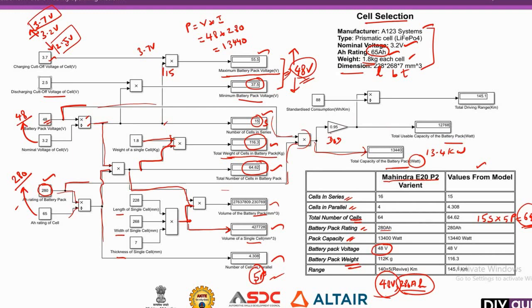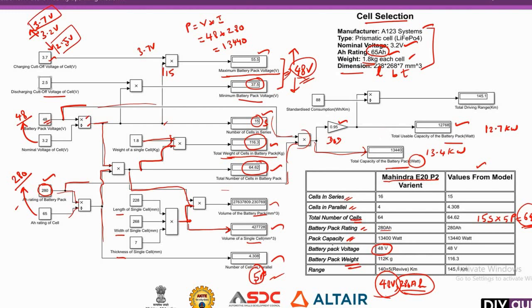Here it is taken as 0.95, which is nothing but 95%. If I multiply the total capacity with the 95% DOD of each cell, I will get the total usable capacity of the battery.